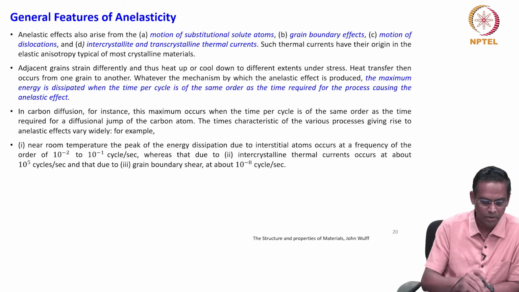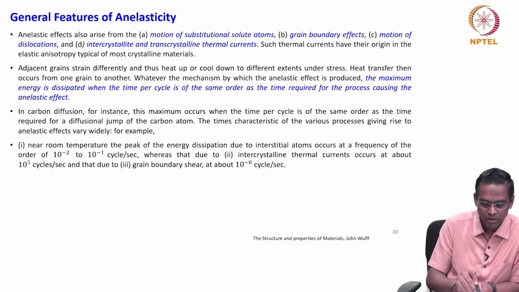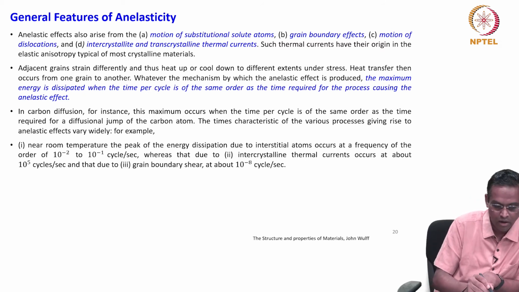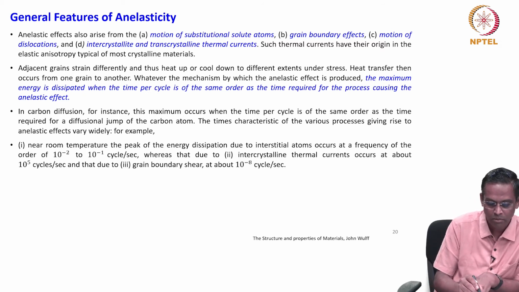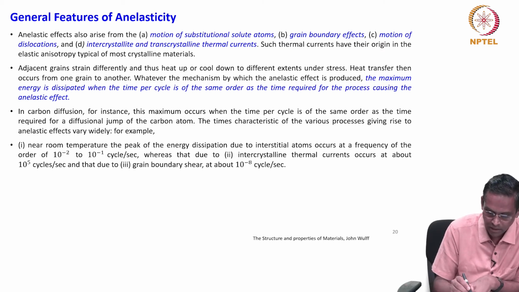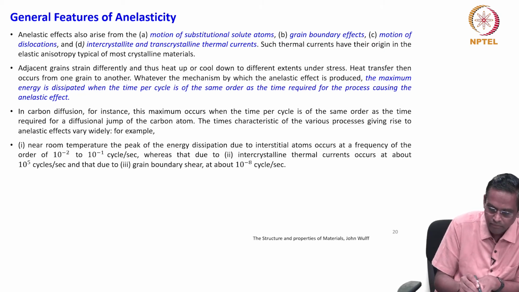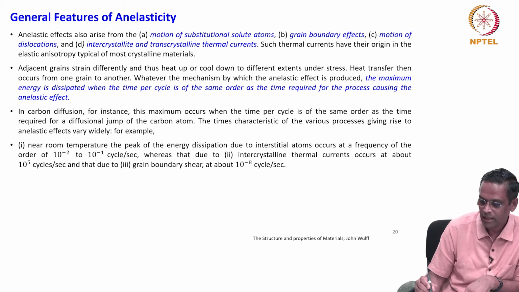For example, near room temperature, the peak of energy dissipation due to interstitial atoms occurs at a frequency of the order of 10 to the power minus 2 to 10 to the power minus 1 cycle per second. So what are we talking about? The peak of energy dissipation happens when the frequency is of this order. What is the physical event? Interstitial atom jumps.